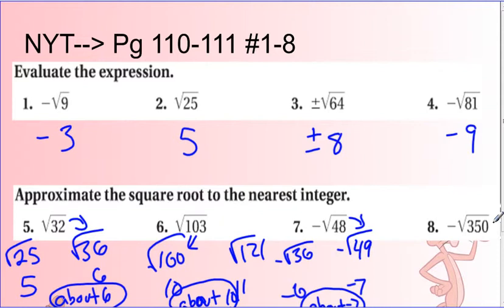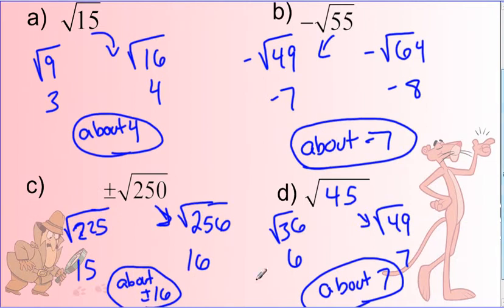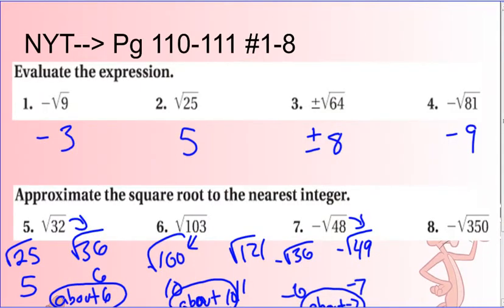Well, I think earlier in the lesson, we did 15 times 15, didn't we? Yeah, we did 15 times 15 is that. 16 times 16 is that. We need to get to 350. Well, 20 times 20 is 400. What's 19 times 19? 9 times 9 is 81.